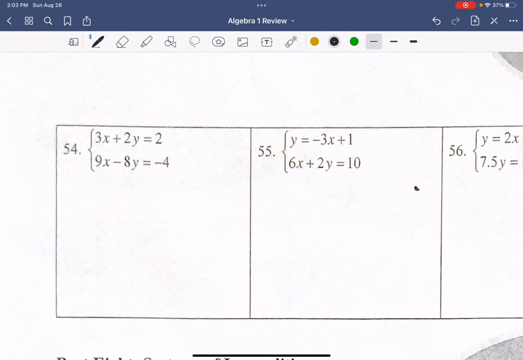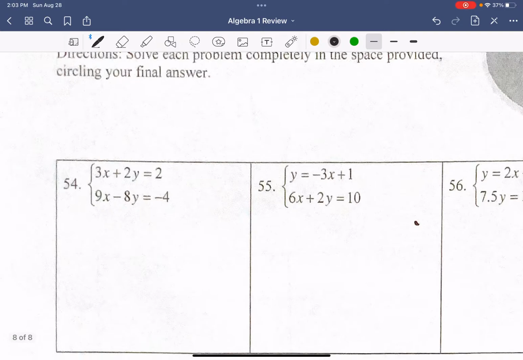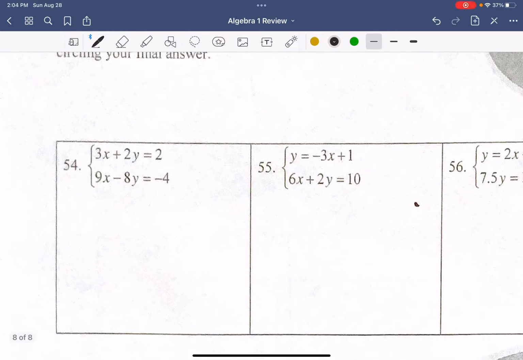So for this one, the best thing we're going to have at our disposal, I think, would be elimination. But as you can see, we don't actually have anything that's ready to eliminate right off the bat. So I'm going to take this first equation and multiply it by 4, which will cancel out the y's.